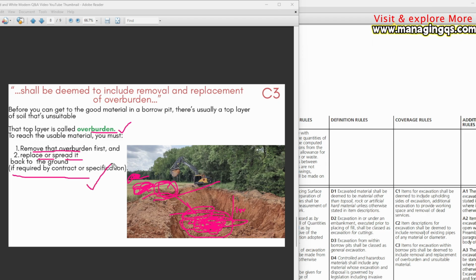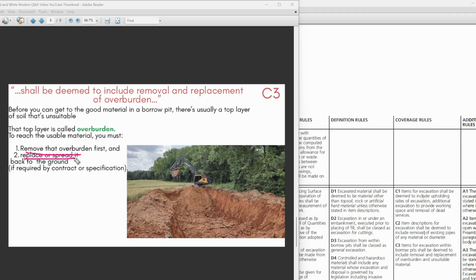This process should also be considered in your rate, so you cannot claim separately for the removal of overburden and again replacing and spreading it in the borrow pit. These are some additional works, but the coverage rule says you cannot reclaim. These processes are included in your rate.